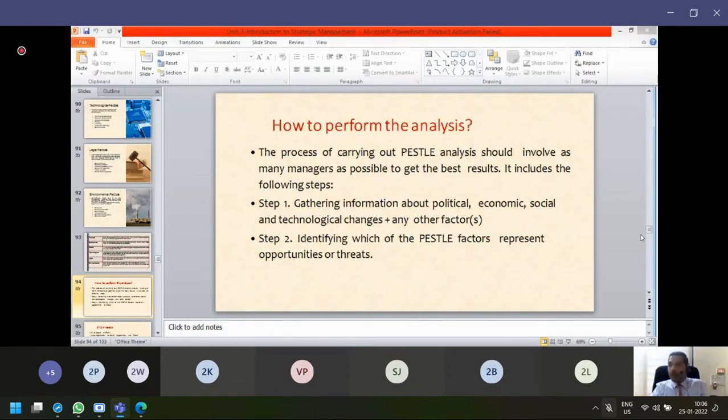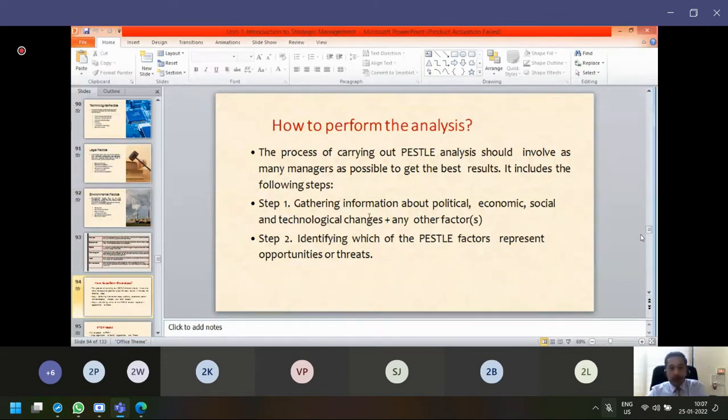So by collecting all this information, we'll have to understand which of these factors are posing some opportunities, or whether there are any threats from any of the different factors which we have studied.